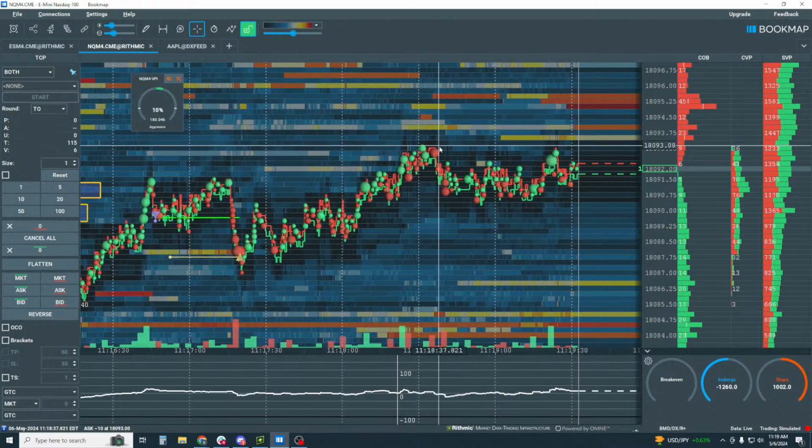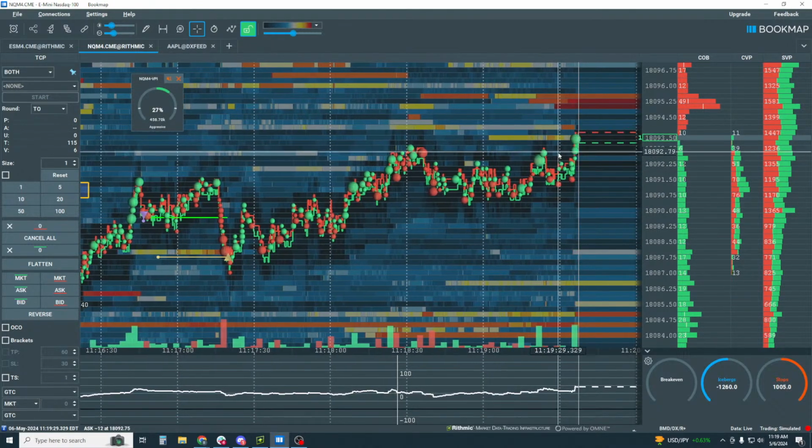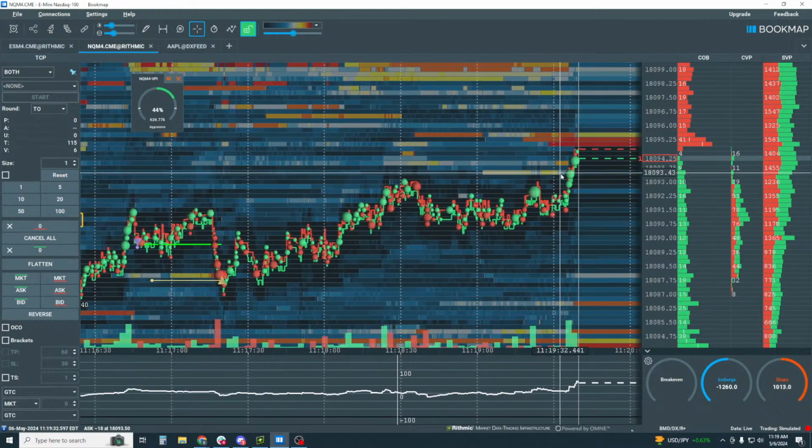Order flow wise, we can talk about why this works. Well, here we go, up into high liquidity here.